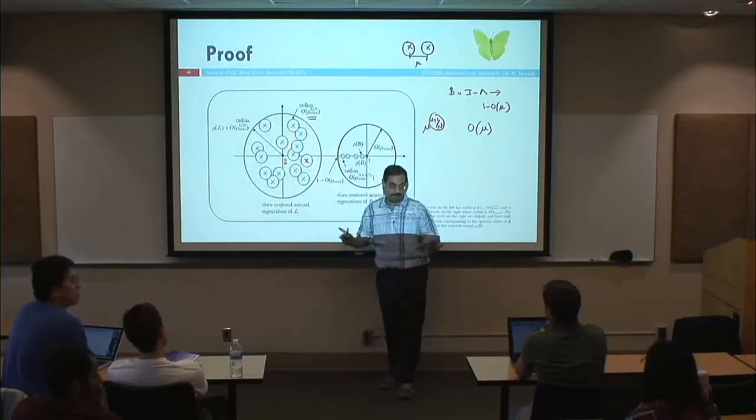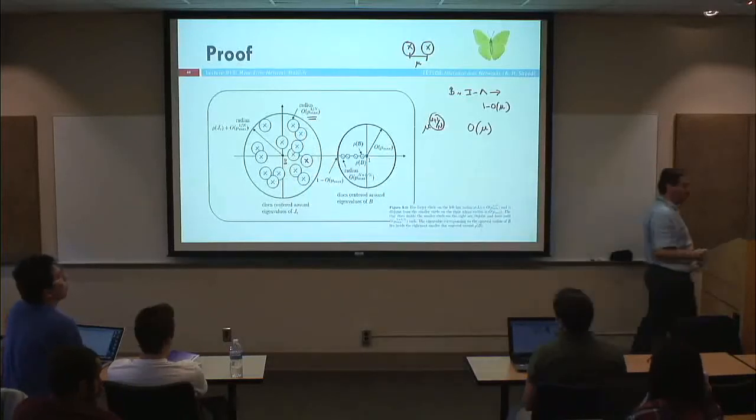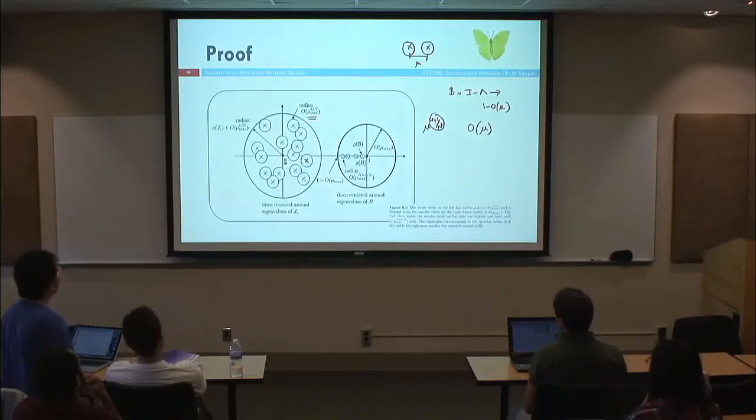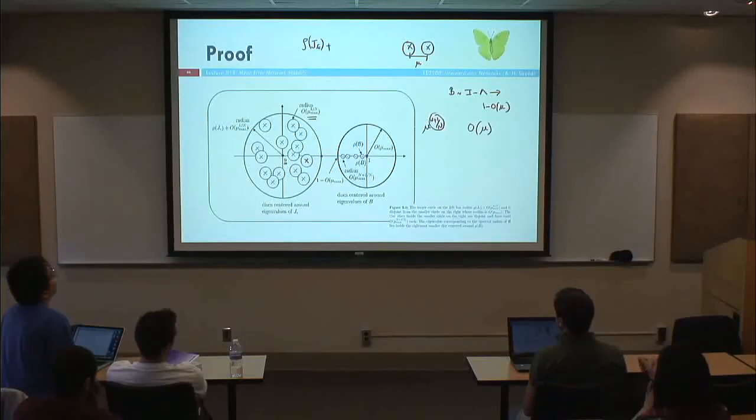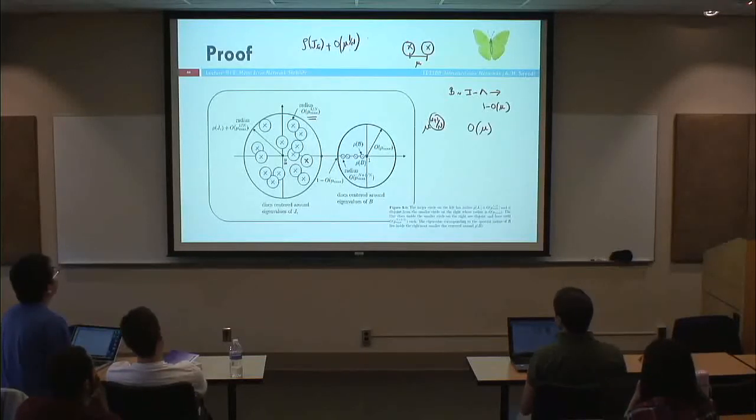But now let's talk about the overlap. About the overlap, where is this point? This point is rho of J plus this, correct? If I can ensure that this is less than 1 minus this, then they will not overlap, correct?